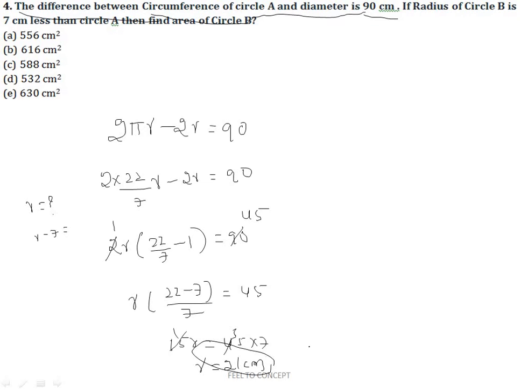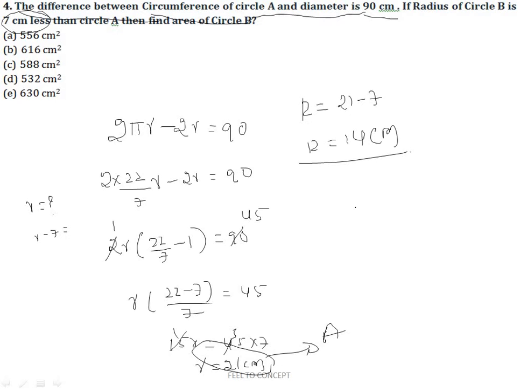This is the radius of circle A. The radius of circle B is 7 centimeters less, so r equals 14 centimeters.